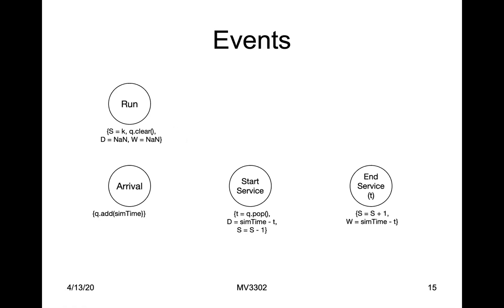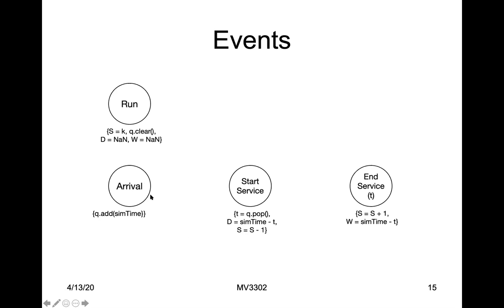Clear, if you remember, just says take everything out. D and W are initialized with NaN, as specified, because at the beginning they really have no value yet.